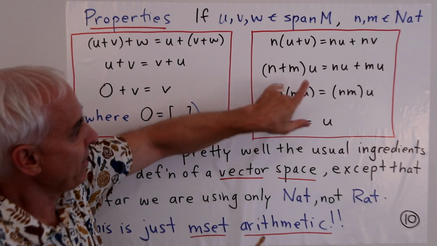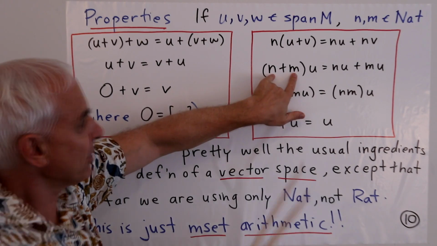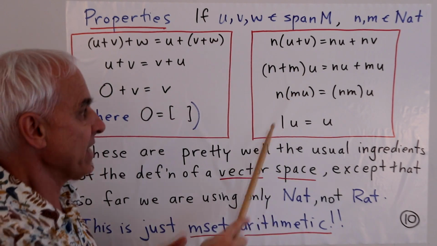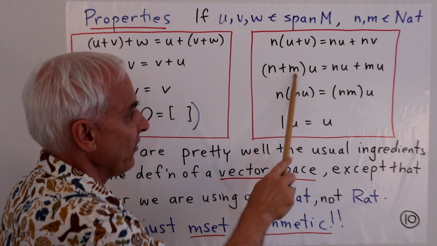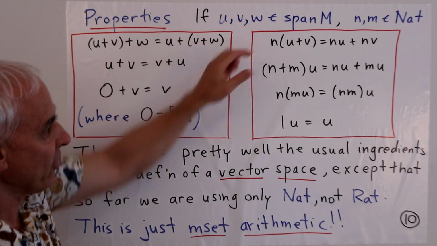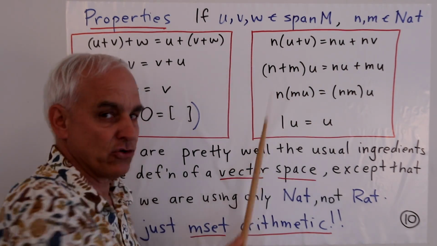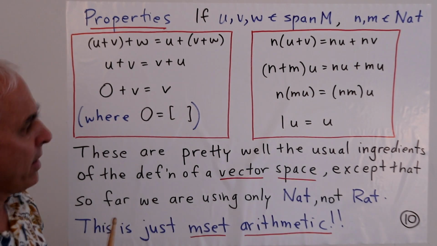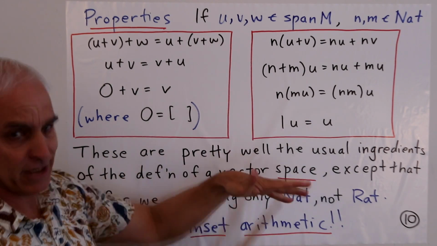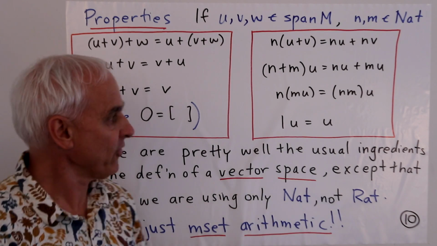On the other hand, if we take the sum of two numbers, n + m, and multiply U by that sum, that's the same as nU + mU. So we have two kinds of distributive properties, one with respect to the msets and one with respect to the natural numbers.